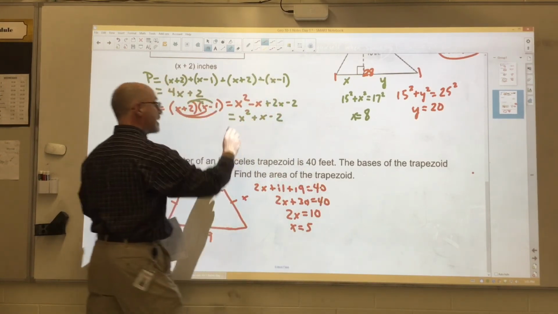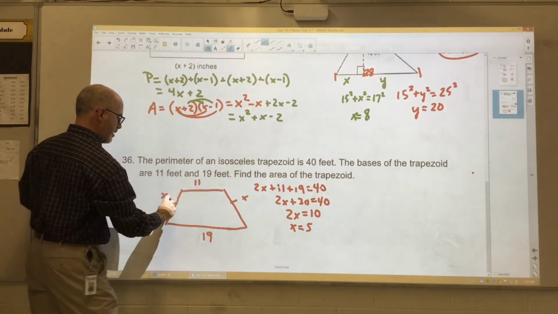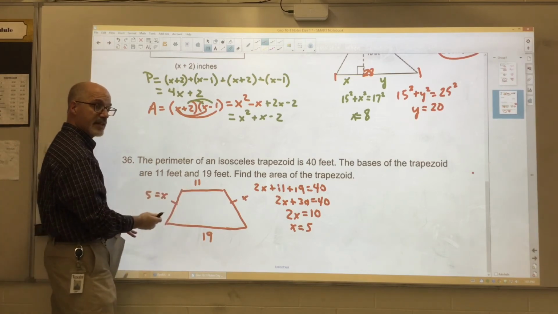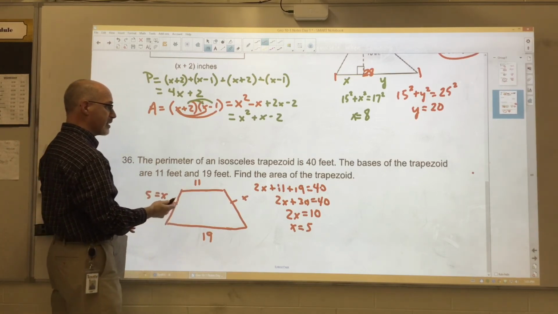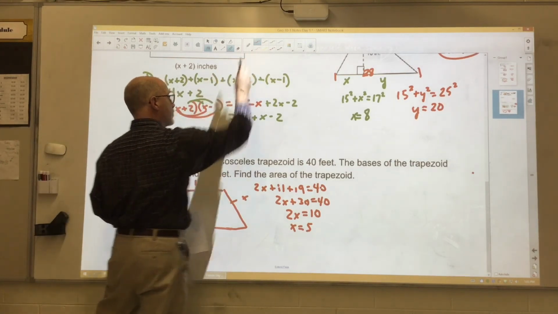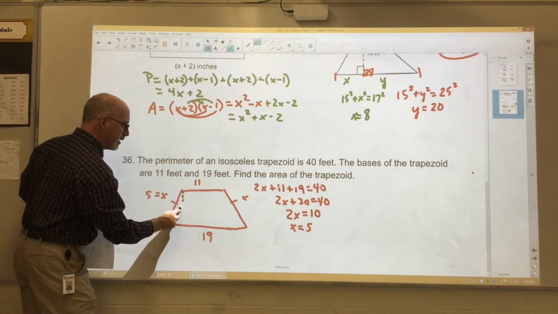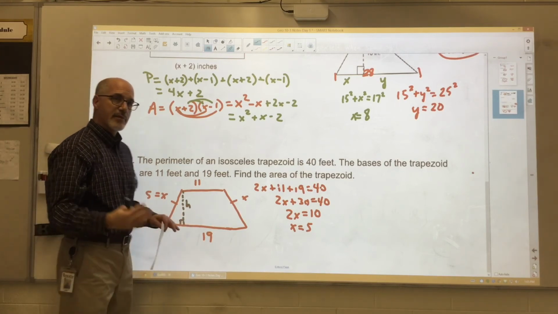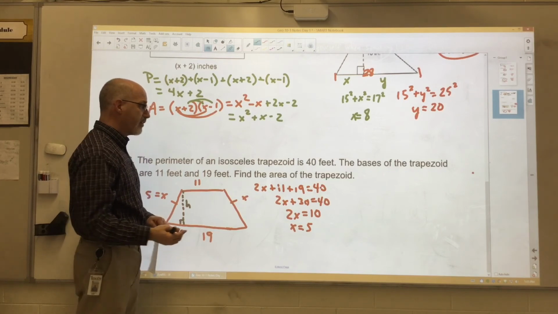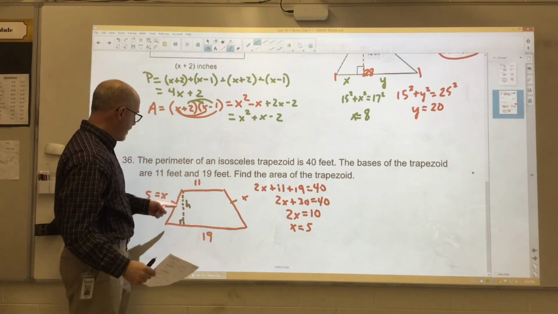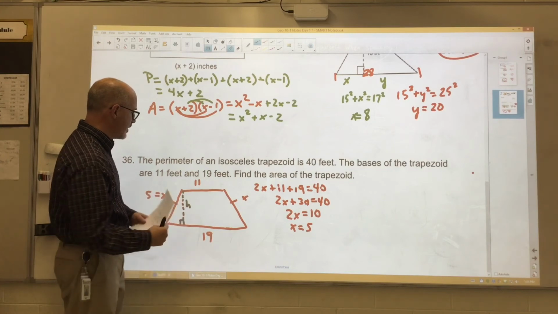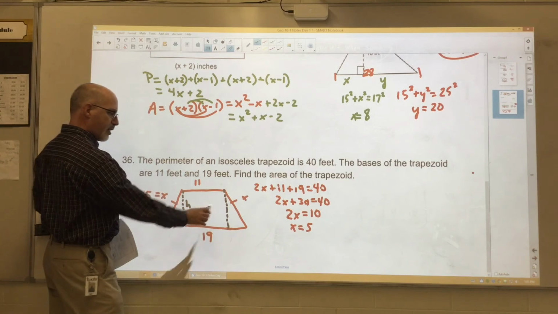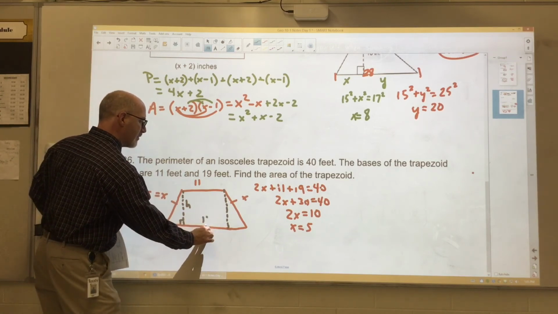So I'm going to put that x equals 5 right here on this leg of the isosceles trapezoid. But I'm going to make it into a triangle by dropping down here the height, because I need to know what that h is in my formula for the area of a trapezoid. So if I draw that triangle over, this would be 11.